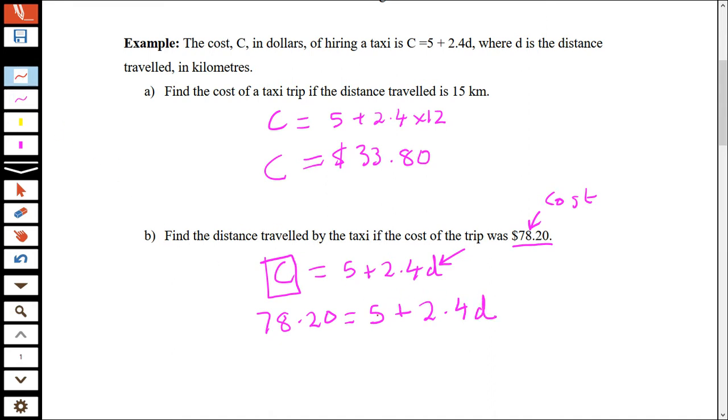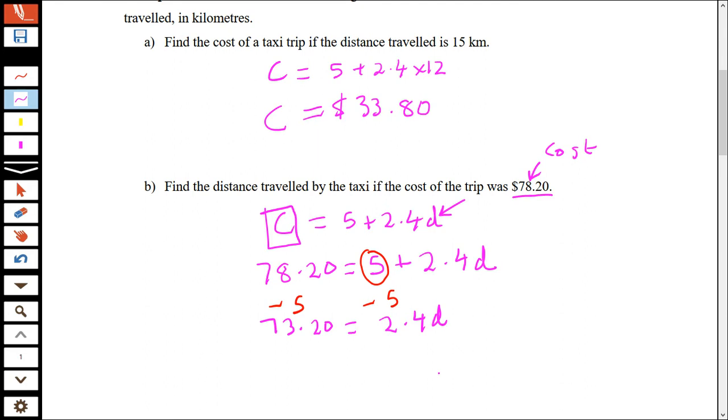First thing first, I'm going to get rid of any term which is by itself, which is the 5 there. So minus 5, both sides. That's going to give you $73.20 equals 2.4D. Next step, we're going to get the D by itself.